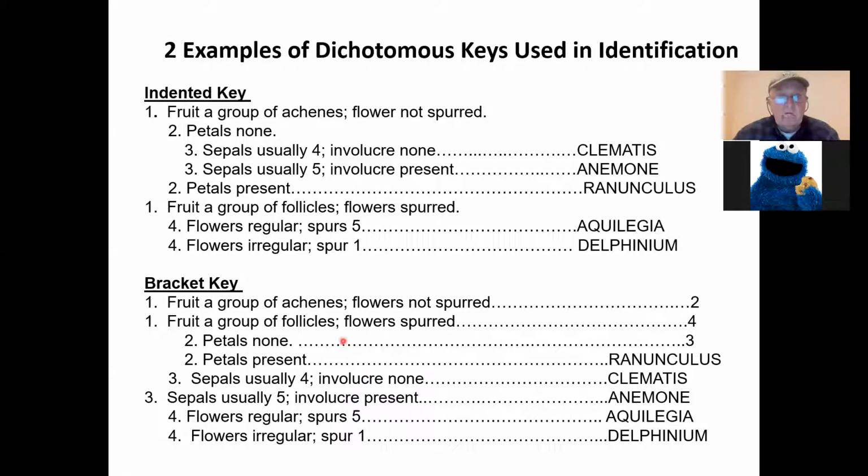I don't have an example to show you, but it's easy to backtrack in an indented key because you just do the reverse of indenting. The problem is on long indented keys, you run out of page space pretty quickly. You waste a lot of paper, but I still like indented keys better.